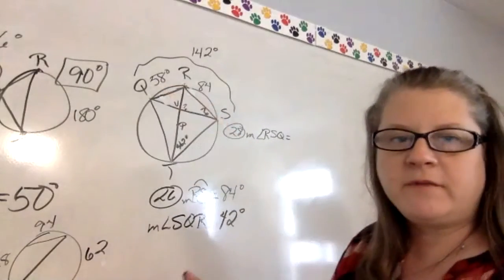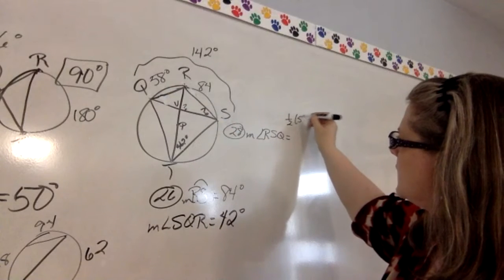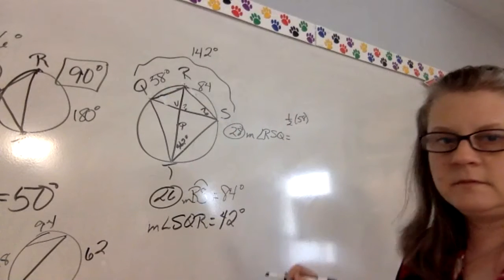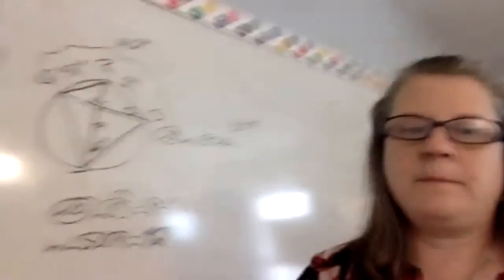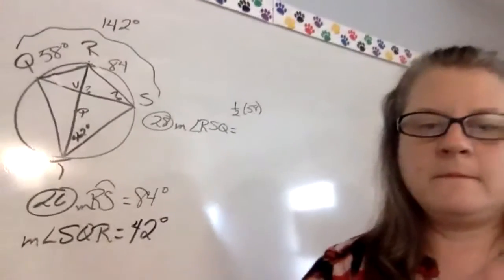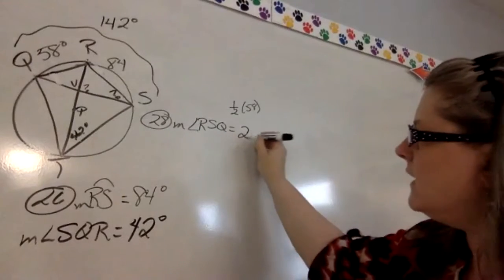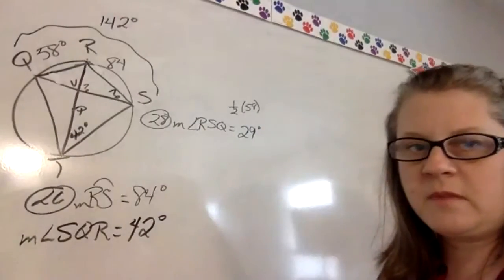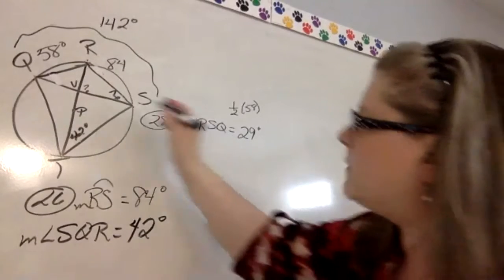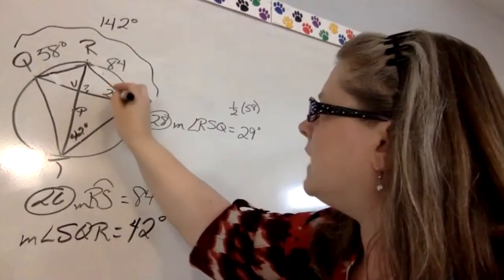So half of 58 is equal to 29 degrees. Okay, so that's my first measurement. This one we found was 29 degrees.